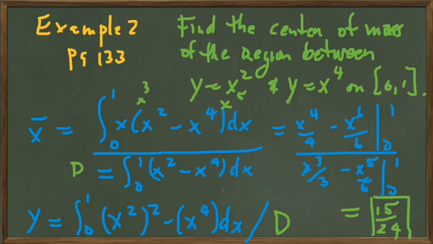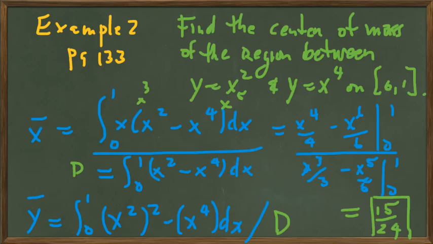And if we do the y bar computations on the next page, we get the numerator: the integral of x squared, which is x to the fourth, and x to the fourth squared is x to the eighth.